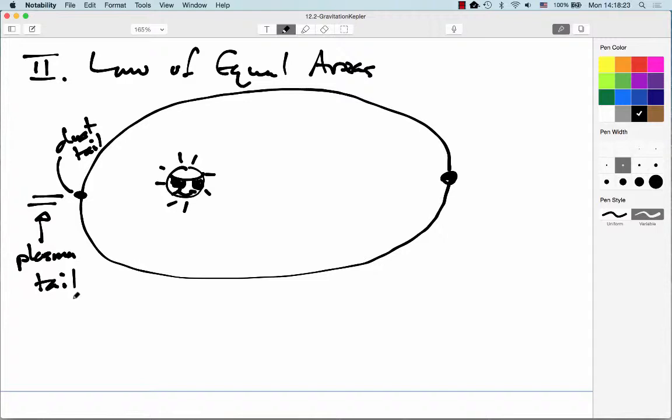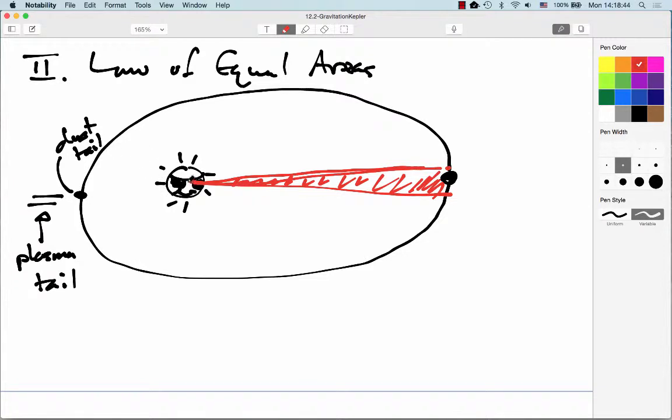Anyway, what the law of equal areas says is if I look at two equal time intervals, I can go ahead and draw a line from the initial to the final position over that interval and note that area.